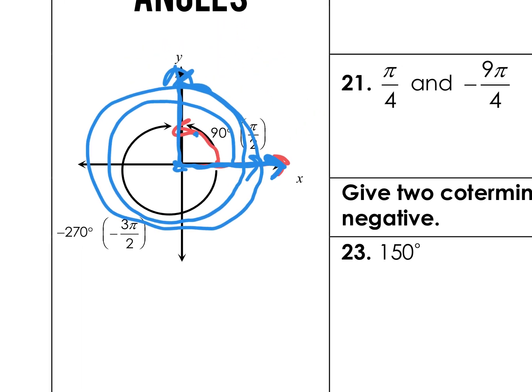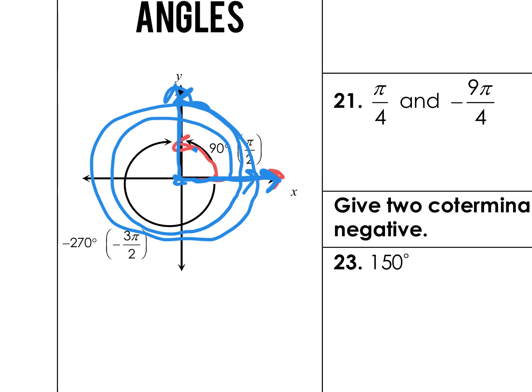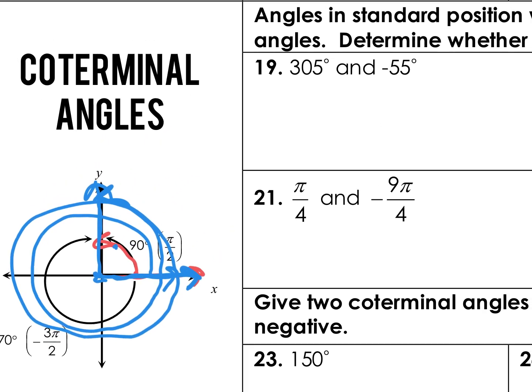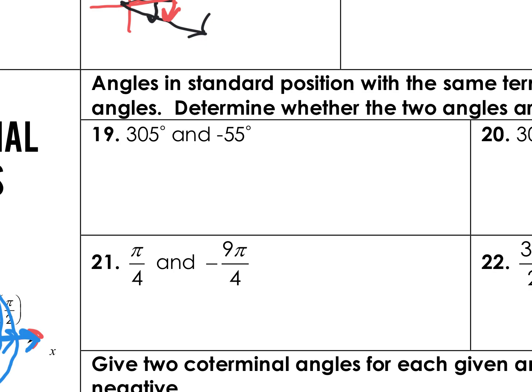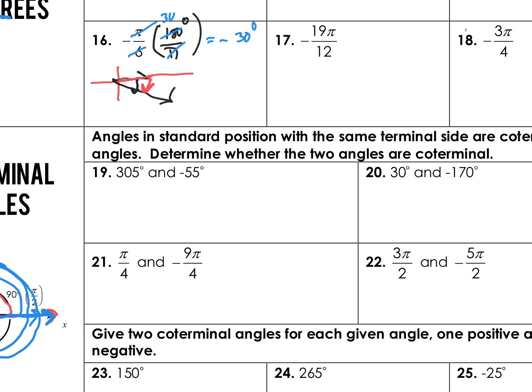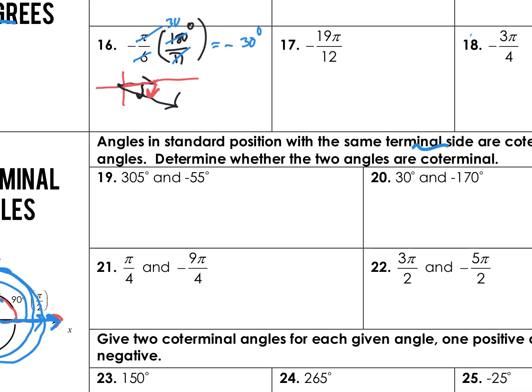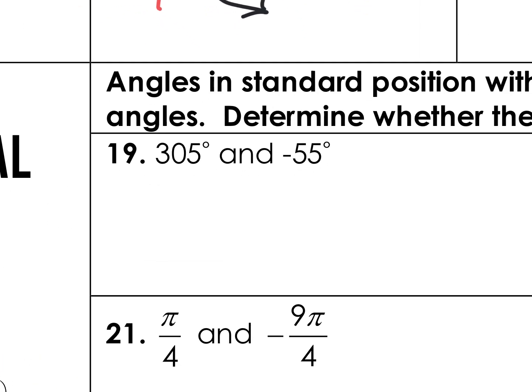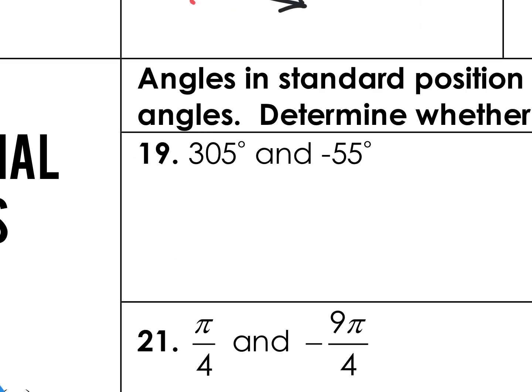So what could happen is, let me see what kind of work they want us to do. Angles in standard position with the same terminal side are called coterminal angles. Just determine if these are coterminal. Well, it's kind of hard to look at those numbers. I will draw a 305-degree angle on this set of axes.